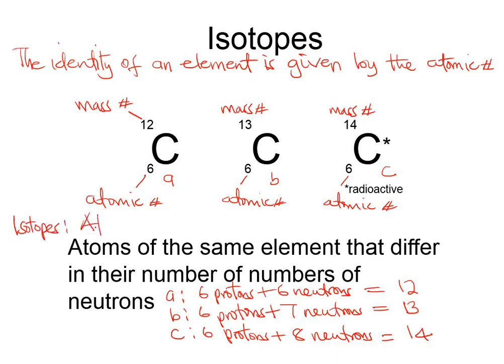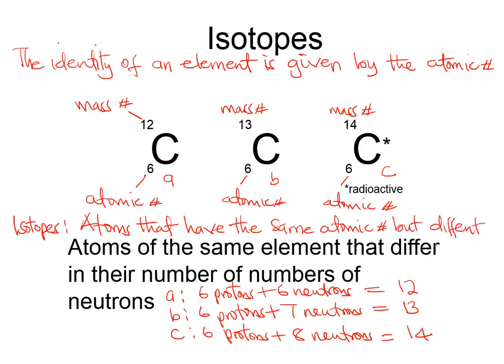We can say these are atoms that have the same atomic number but different mass number.